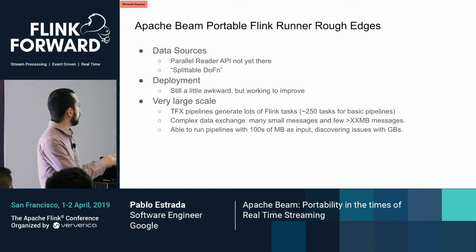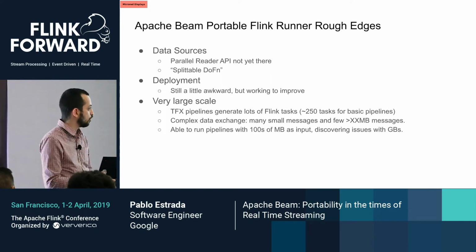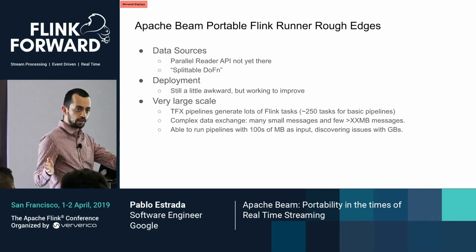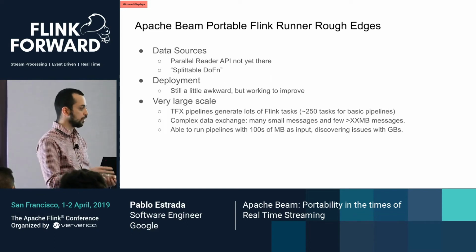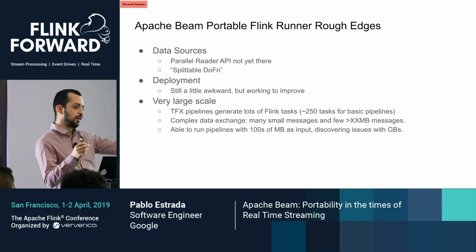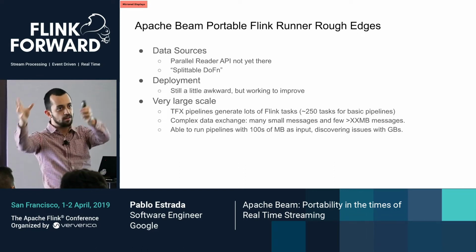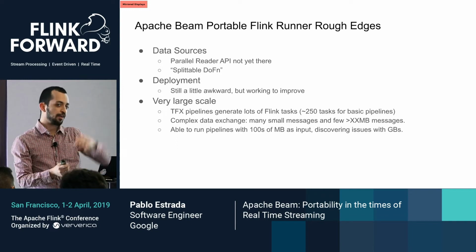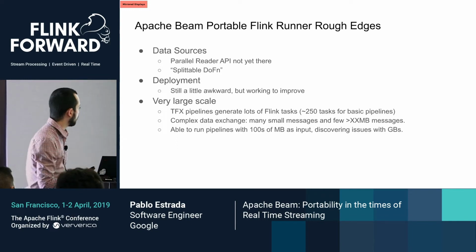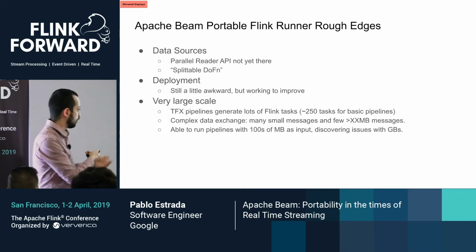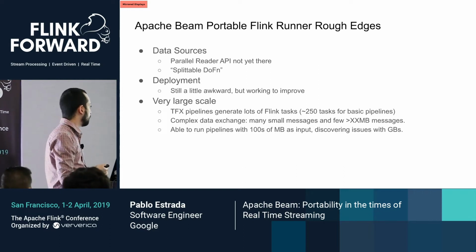So you have to have some tricks to be able to split the computation at large scale. At Lyft, what they do is insert a Flink Kafka source, which is written in Java. They take a Beam pipeline, and they say, we're going to add a Kafka source to the beginning of this pipeline. Deployment, as I was saying, is a little awkward.